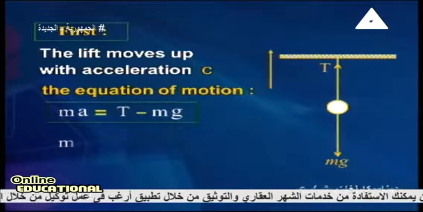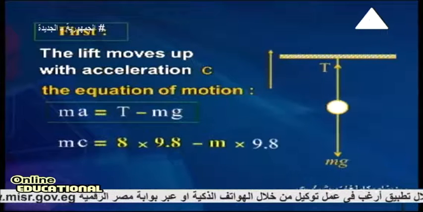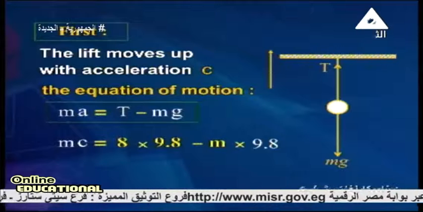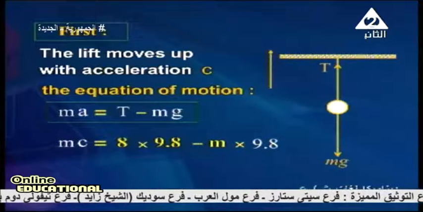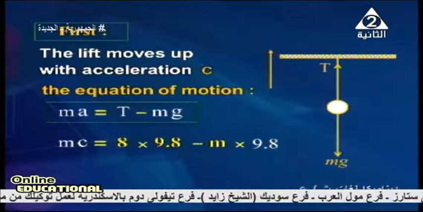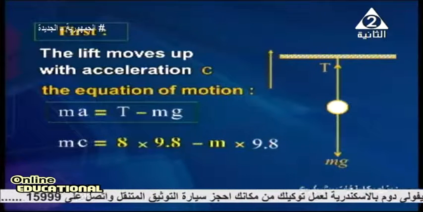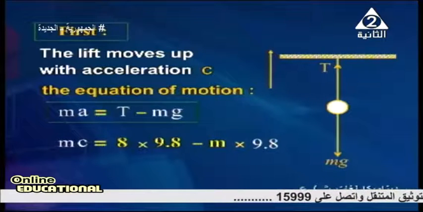Then m multiply c equals 8 multiply 9.8, because 8 is in kilogram weight, but ma or mc is in kilogram times meter per second squared. Then the forces in this equation must be in Newton unit.